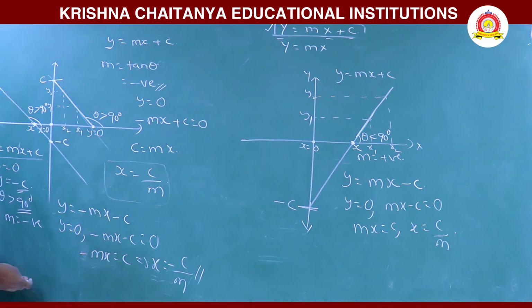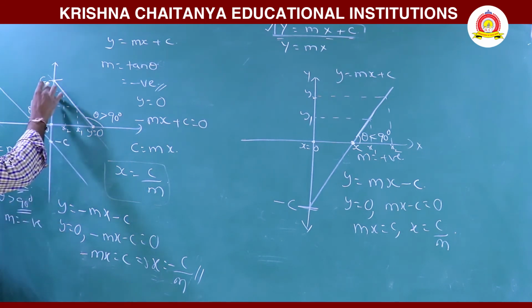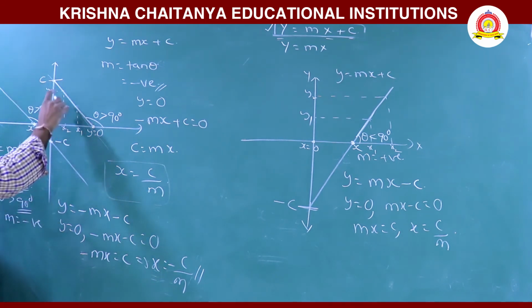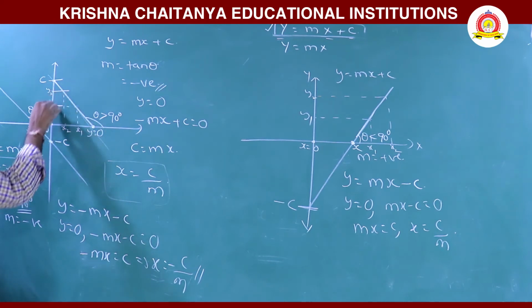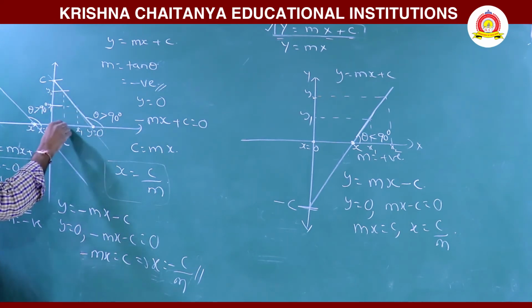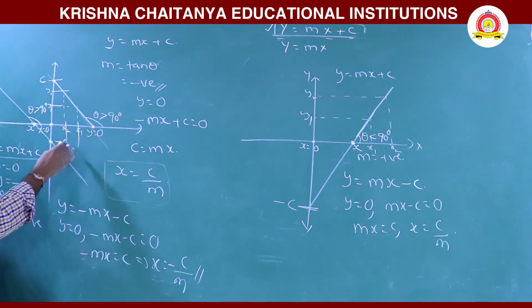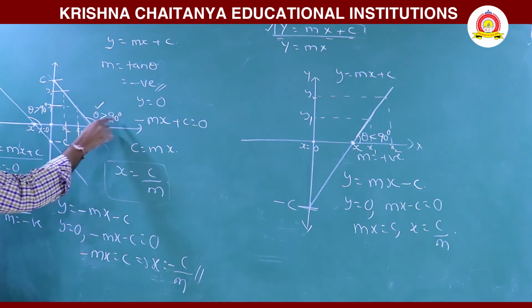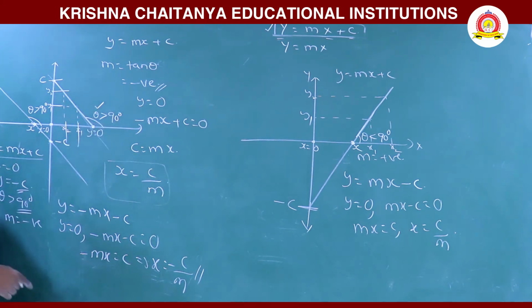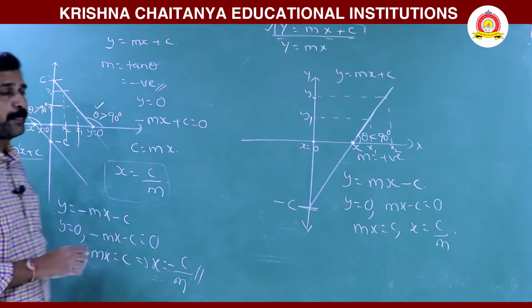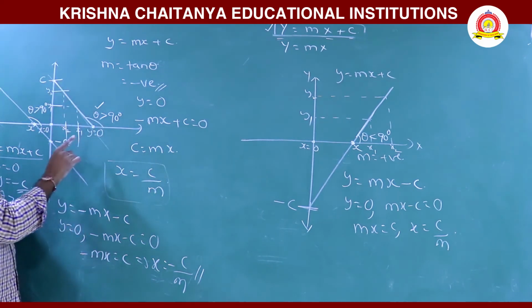Otherwise, if you want to take all differences as positive, take the positive difference y2 minus y1, take the positive difference x1 minus x2, then write down only the positive ratio. But since theta is greater than 90, put the slope as negative. If theta is greater than 90, the slope is negative. So you need not worry whether theta is given or not.